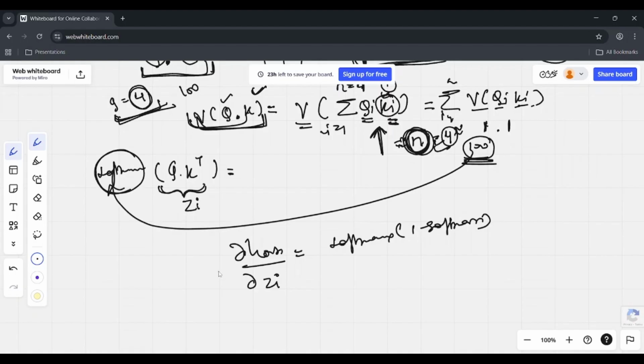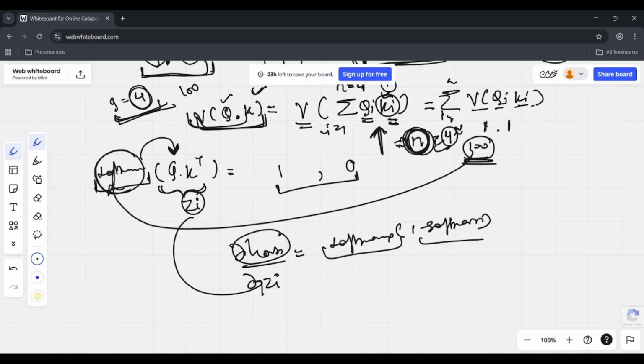So if the variance is high, the values will be more scattered and more varied, because of which when we apply softmax on those values, the values will vary a lot. Some values will be close to 1, some values will be close to 0, which is not good, because if we find the derivative of loss with respect to this term, it will be softmax times 1 minus softmax, because the derivative of softmax is actually softmax times 1 minus softmax.